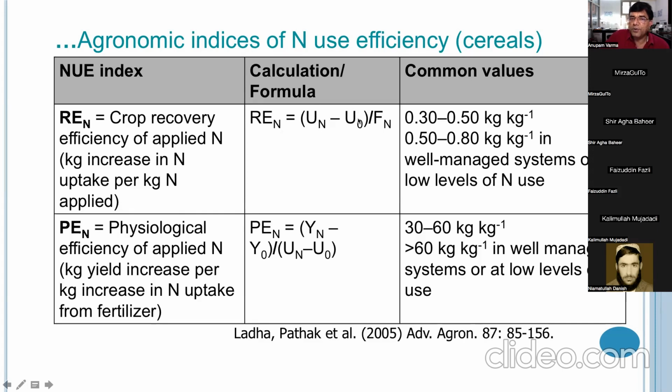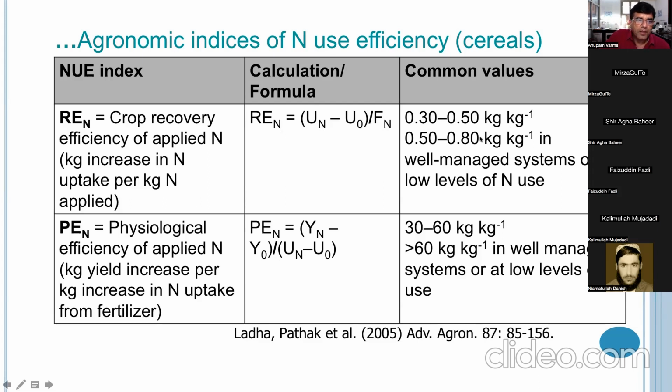This is again control, and divided by rate of fertilizer application. Then you multiply it by 100, so then you get recovery efficiency in percentage.